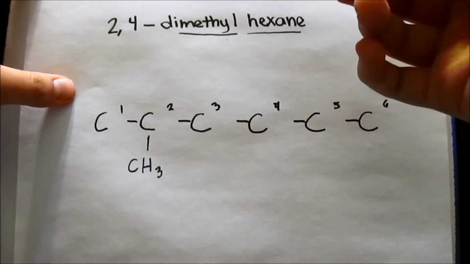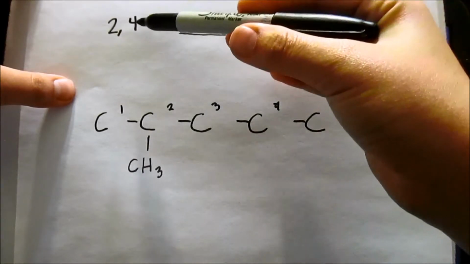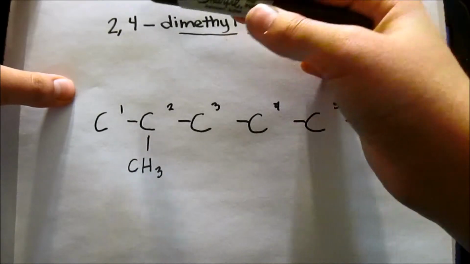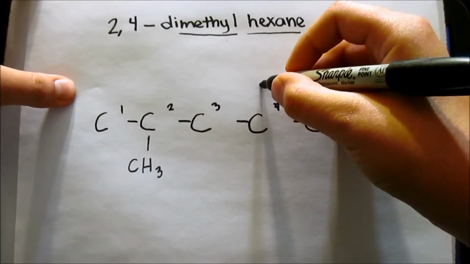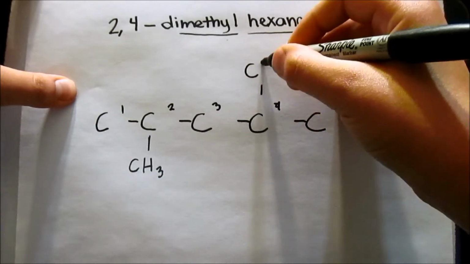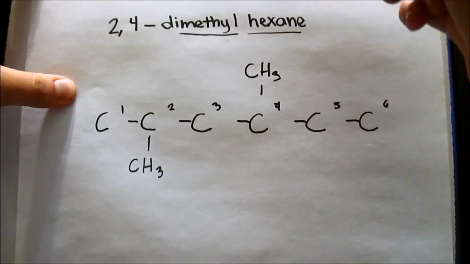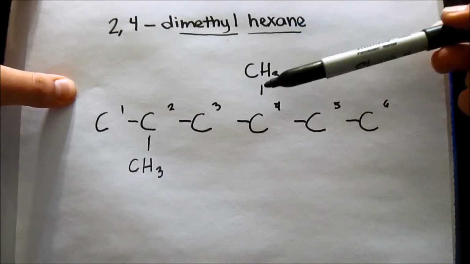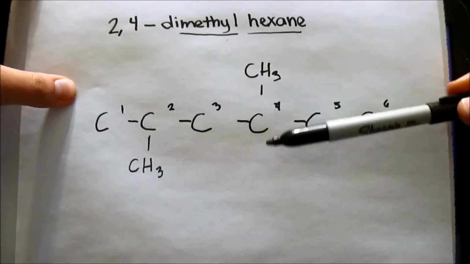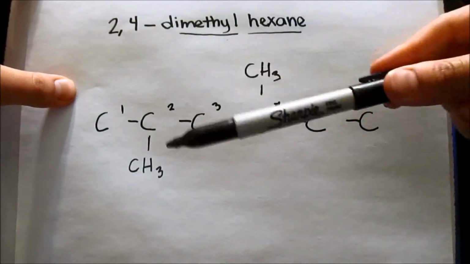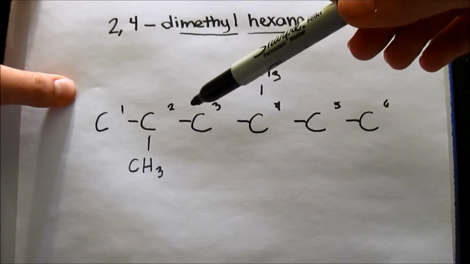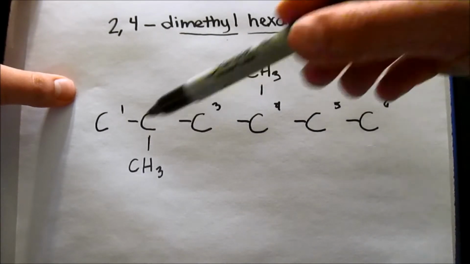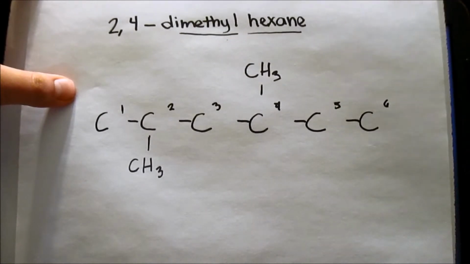And next we have another methyl in carbon number 4. So in carbon number 4 we put another methyl. It doesn't matter if you put the 2 methyls down or the 2 methyls up or one up and one down, it's okay.